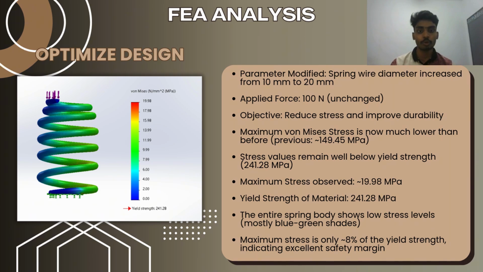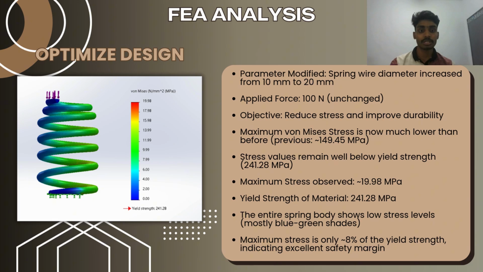The maximum von Mises stress is now much lower than the previous design, which was 149.45 MPa, and remains well below the yield strength, which is 241.28 MPa.